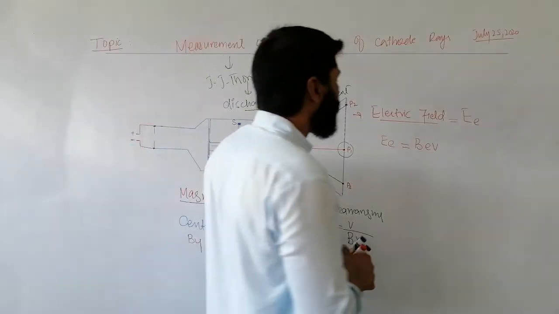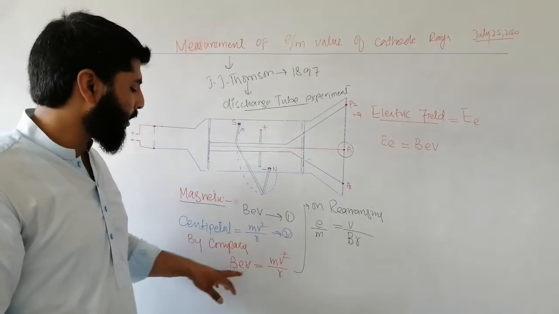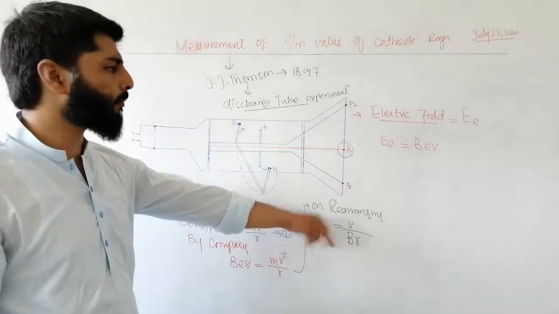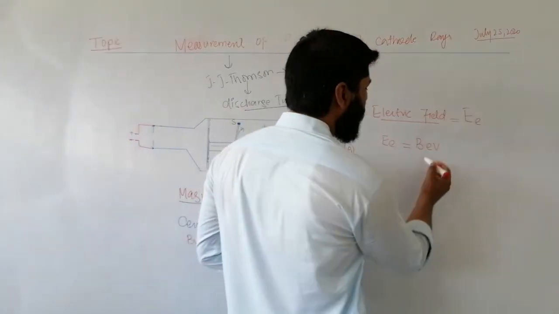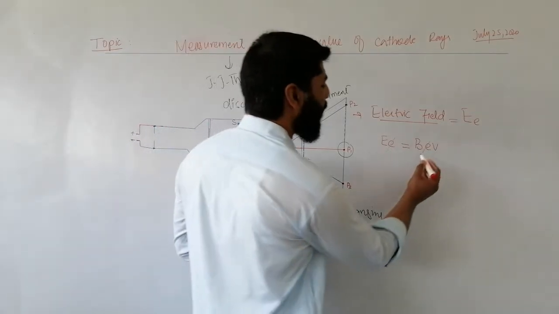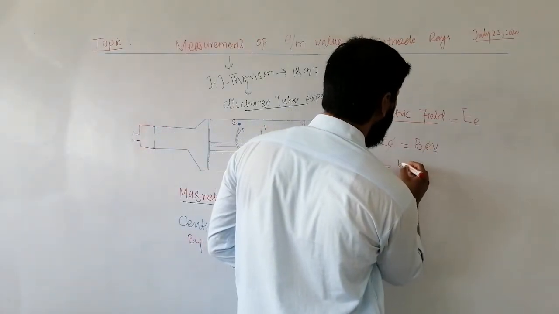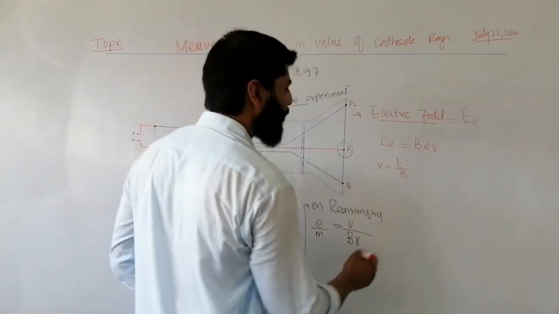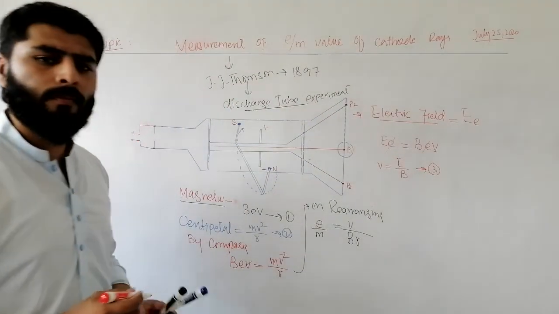So from here we can put the value of BeV, or simply the value of e by m. Now on rearranging, this V will be cancelled out with this V, and we can find the value of V. V will be equal to E upon B. This is equation number 3.